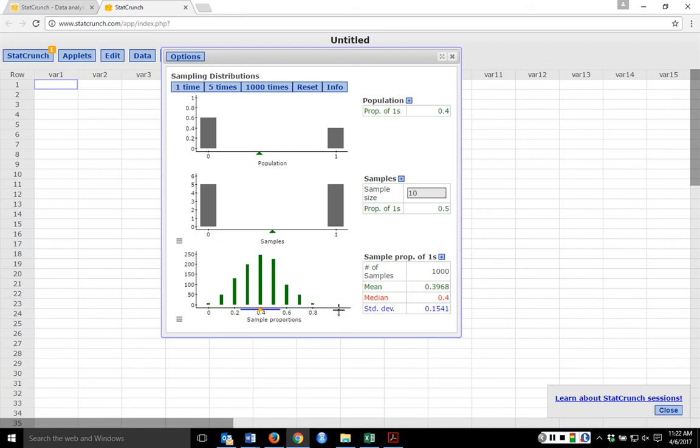I could, right? If I pulled out 10 beads, I could get 9 out of 10 to be black. I could get 10 out of 10 to be black. But it's not very likely to happen when only 40% of those beads are black. So I shouldn't be too surprised that it piles up around this 40%, because that's really the percent that were black to begin with.